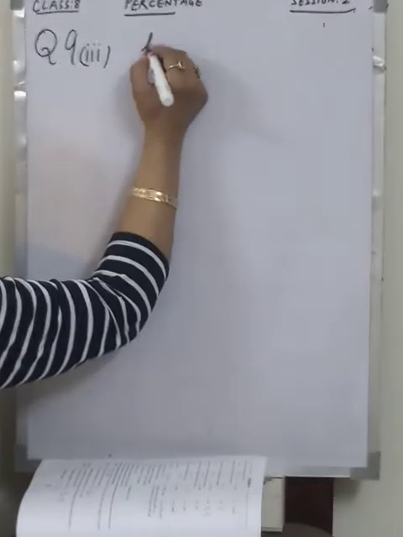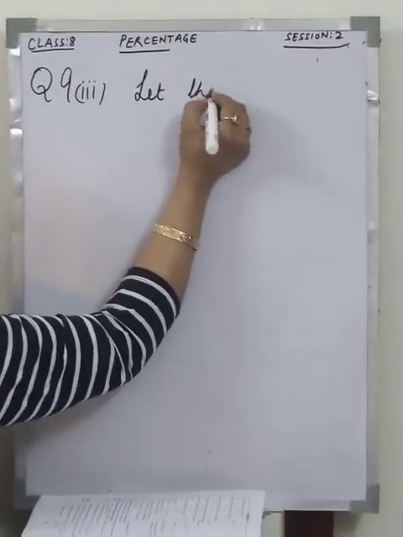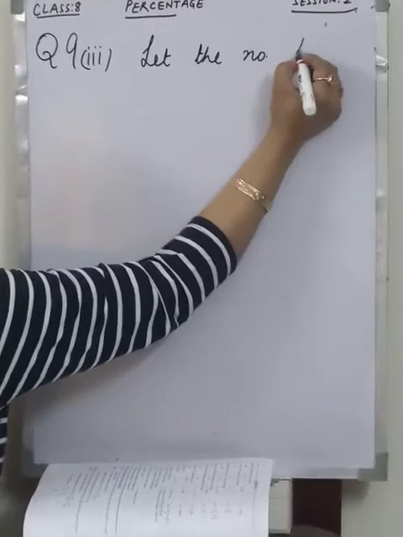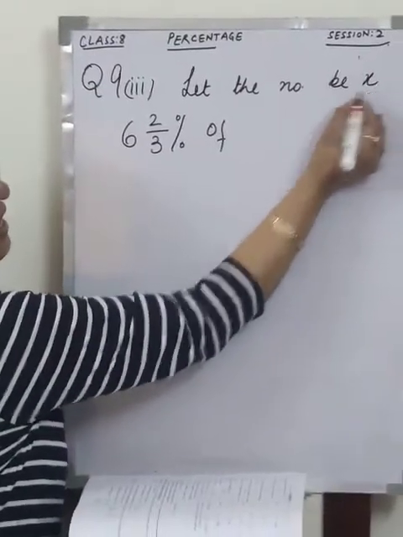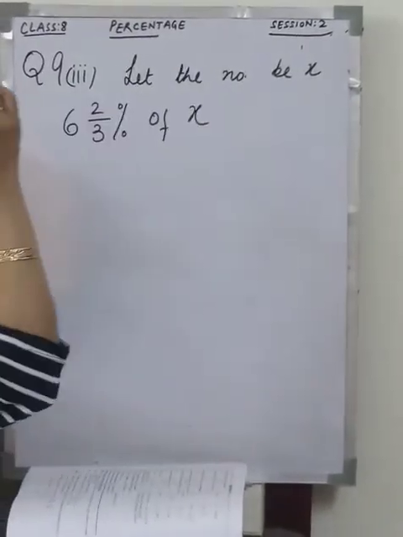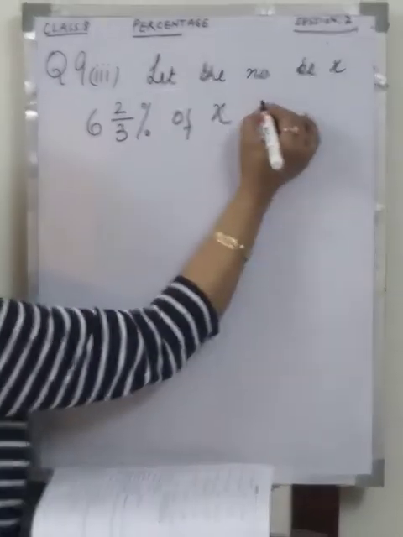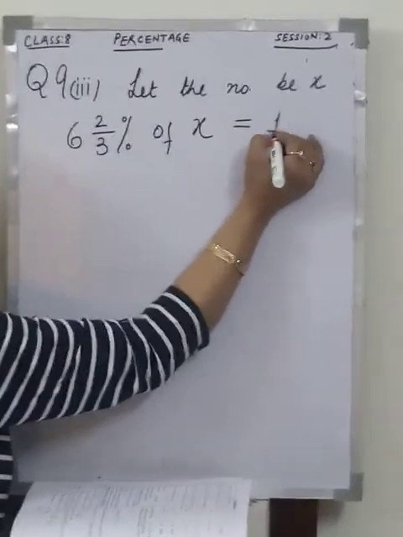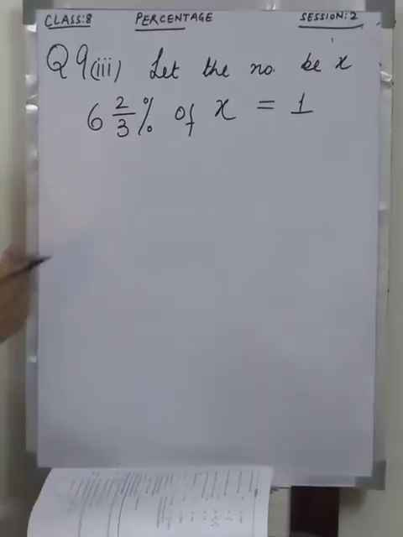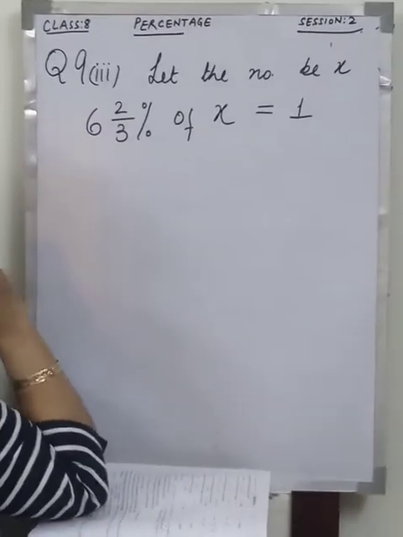Let the number be x. Then we convert the given statement into a mathematical expression. 6 whole 2 by 3% of a number, and the number we have written is x, of x is 1. Find the number. That means we are looking for the value of x.